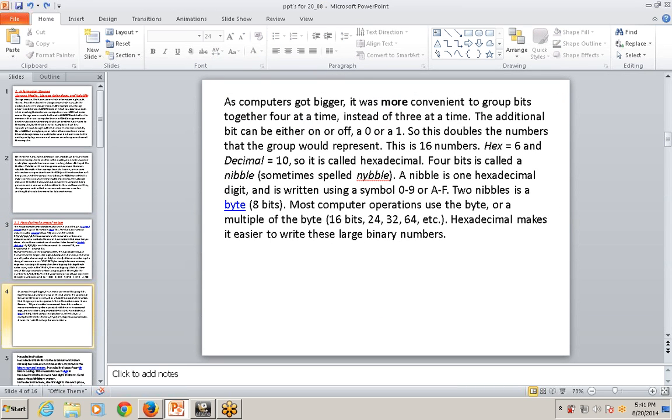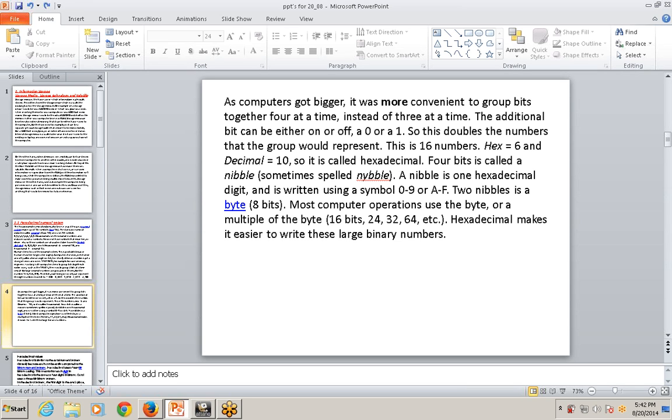As computers got bigger, meaning the memory capacity and the contents got bigger, it was more convenient to group 4 bits at a time instead of 3 bits, because 3 bits are used in the octal number system. Now it's time to club up 4 bits at a time.